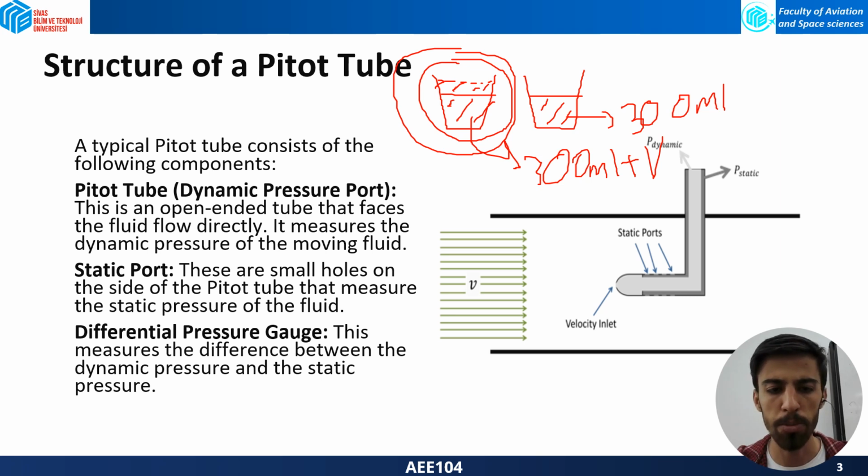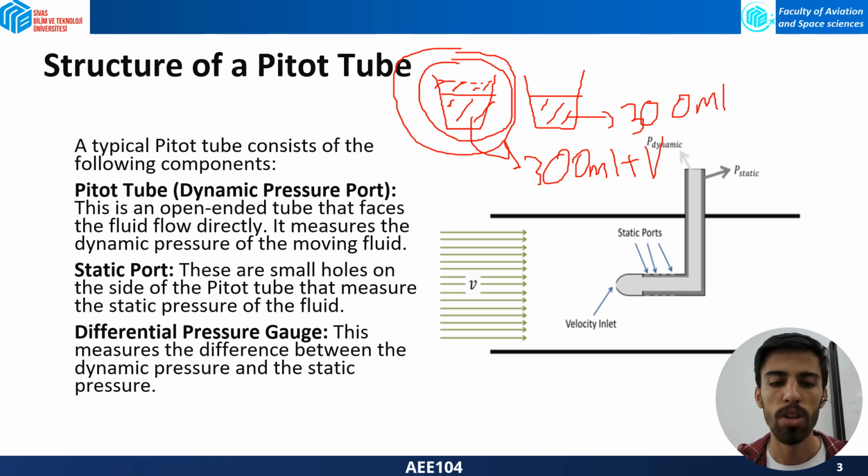PITOT tube dynamic pressure port. This is an open-ended tube that faces the fluid flow directly. It measures the dynamic pressure of the moving fluid. As I showed you in the schema, the dynamic pressure comes into the port that measures the static pressure plus the dynamic pressure.